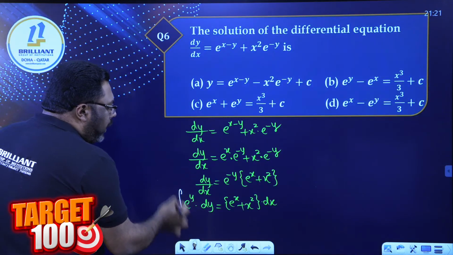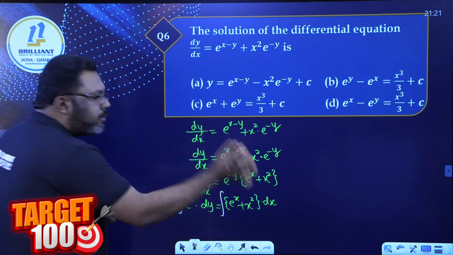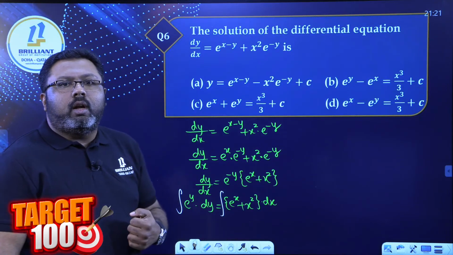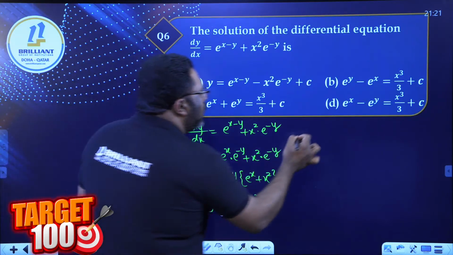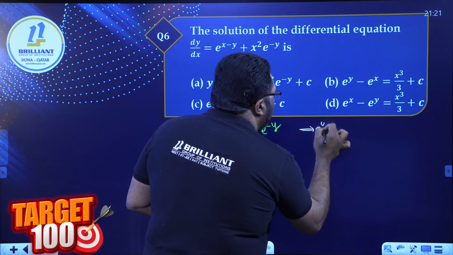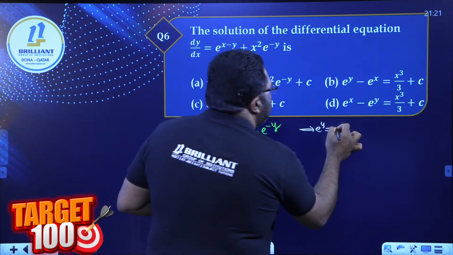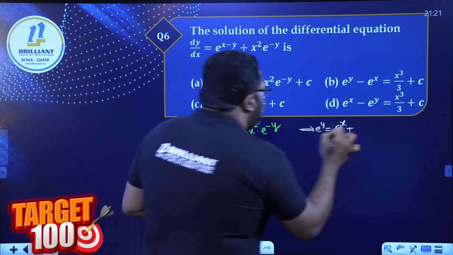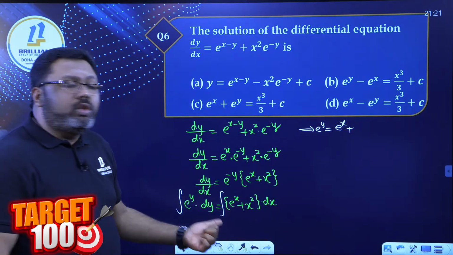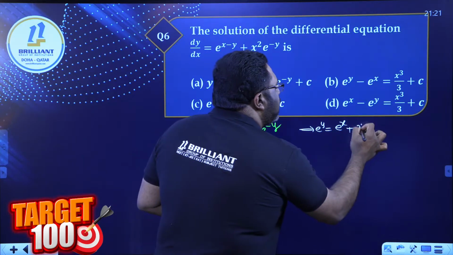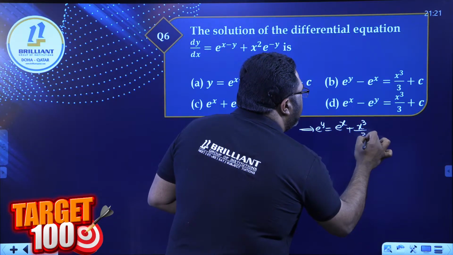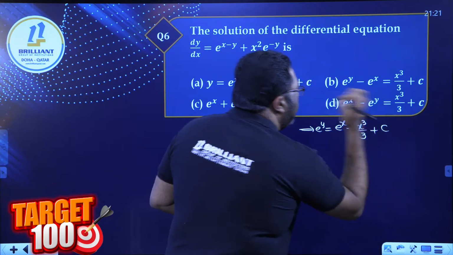Now I can simply integrate both sides. What is the integral of e raised to y? It is e raised to y. What is the integral of e raised to x? It is e raised to x. And what is the integral of x raised to 2? It is x raised to 3 divided by 3 plus c.